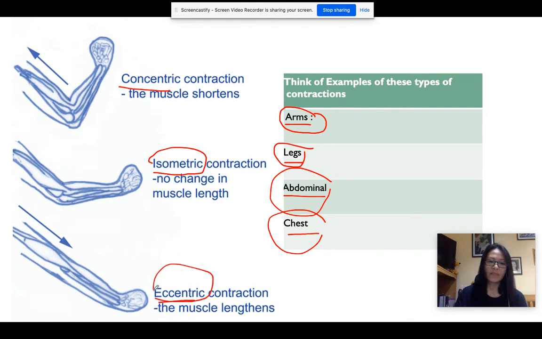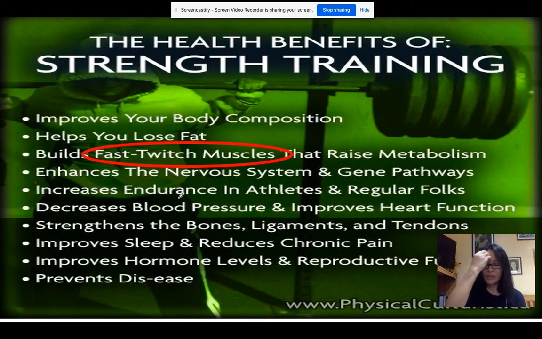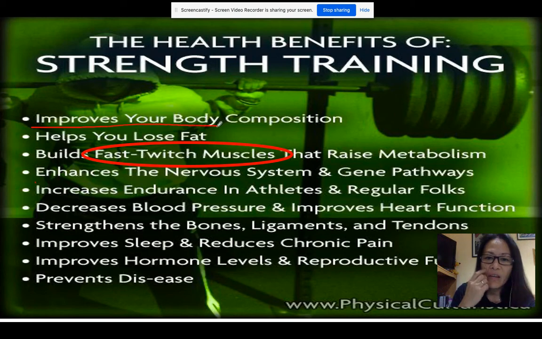Okay, so let's proceed. The strength exercises benefit you. These are the things enumerated on how you can benefit from strength exercises. Strength exercise improves your body composition. Kumbaga, at your age, some of you still have a very thin body because hindi pa talaga namumuo yung mga muscles.